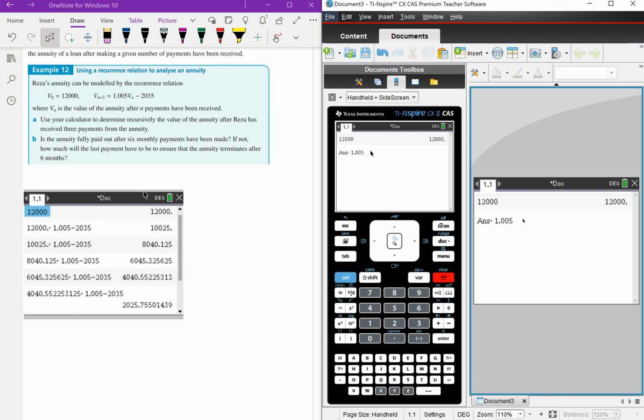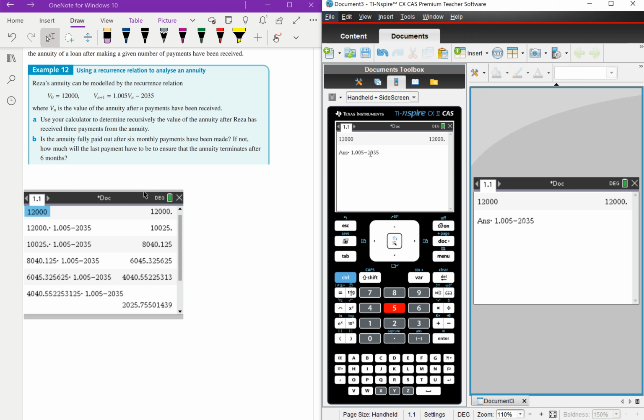So times 12,000 by 0.005, that's the extra interest you get. And then remember, they're returning $2,035 as Reza's traveling overseas for 6 months. So after 1 month, they will pay $2,035 plus interest to you.